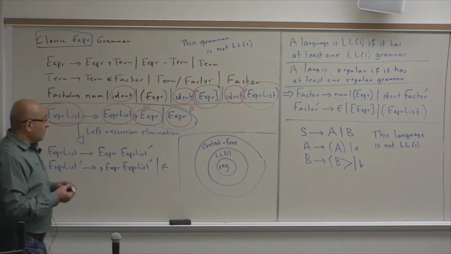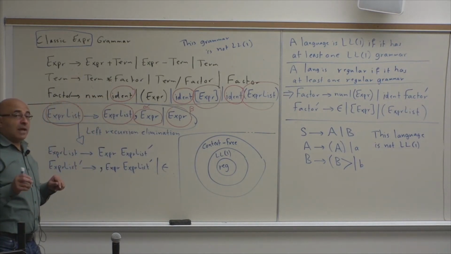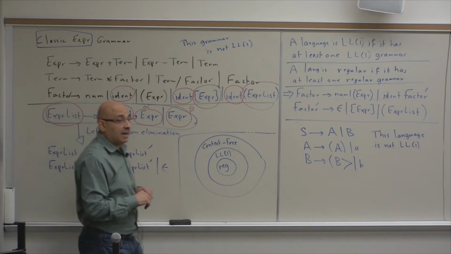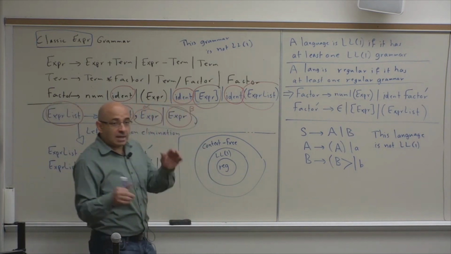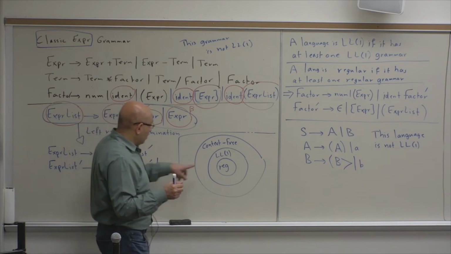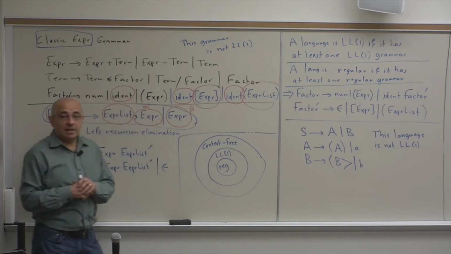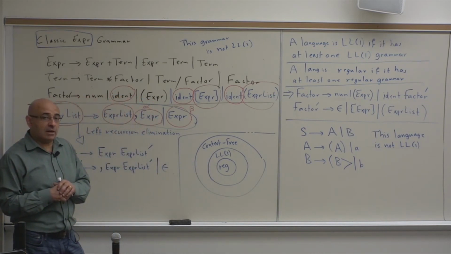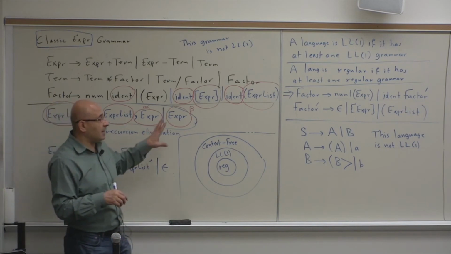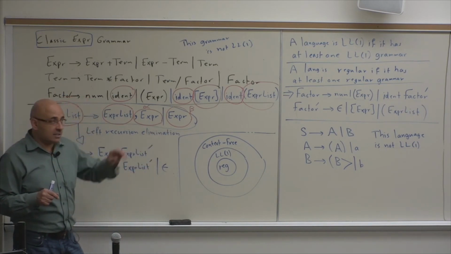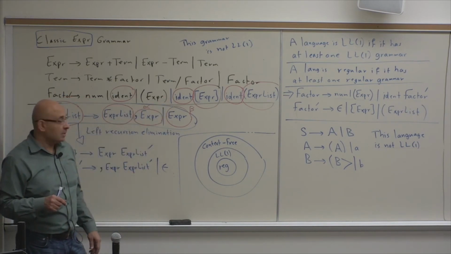The set of context-free languages is the set of languages that can be generated by context-free grammars. A subset of that is those languages that can be parsed using the LL1 parsing technique, or that satisfy the LL1 parsing conditions that we just had on the board.